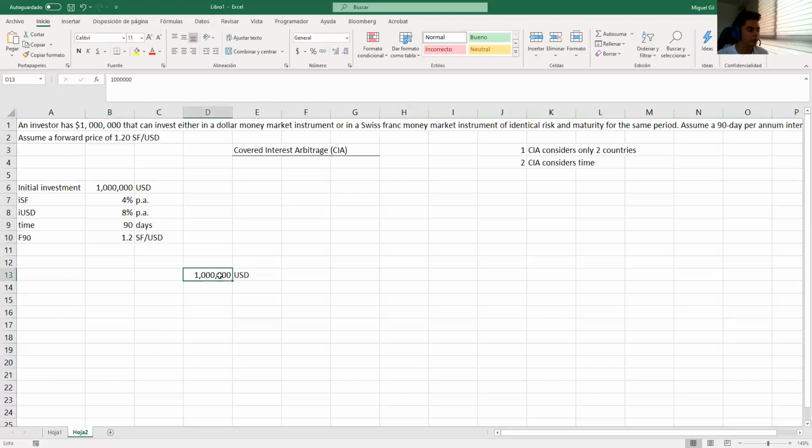So if you stay in the US, what would you need to do? You need to calculate the amount of money that you will get in the future, right? So how do you calculate that? With the future value formula. What's the future value formula that we are going to use in this course?